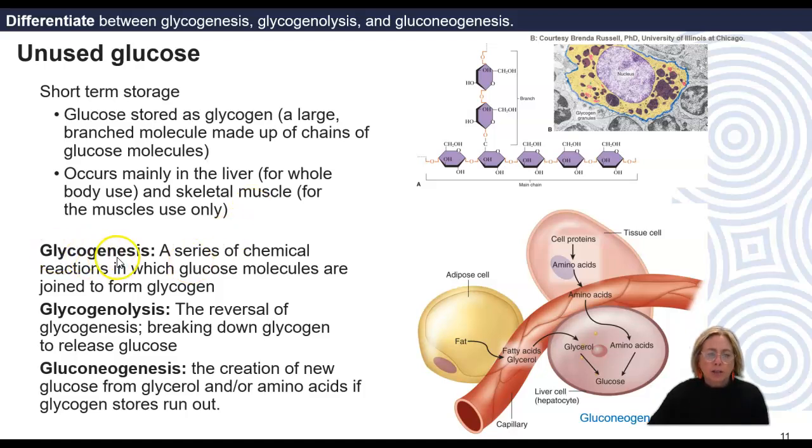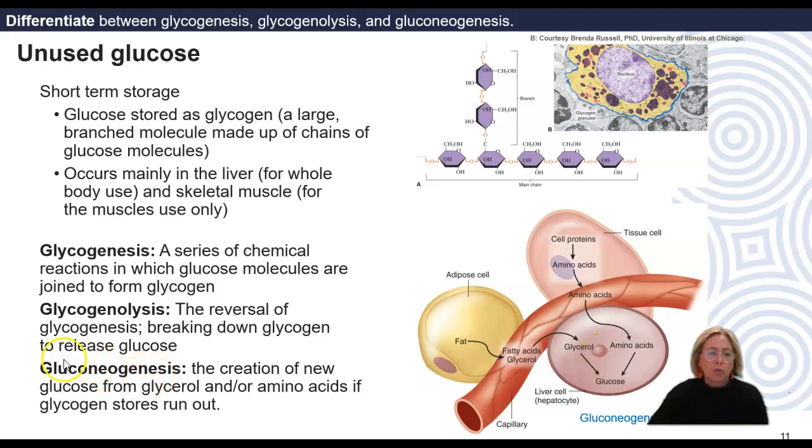So glycogenesis then is a series of chemical reactions in which glucose molecules are joined to form glycogen. Yeah? Glycogenolysis, so lysis meaning splitting, is the reversal of glycogenesis. So breaking down glycogen to release glucose. You might do that when your blood glucose levels drop.